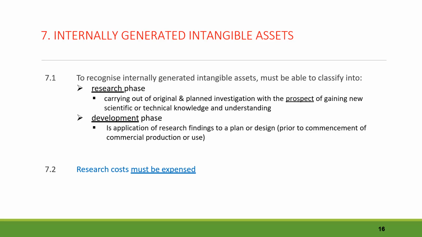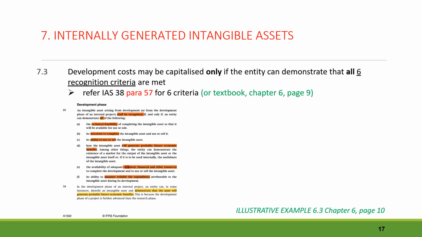So it's not so straightforward because IAS 38 gives us 6 criteria before we can capitalize these expenditures, right? And you're fortunate that you will have your standard with you.